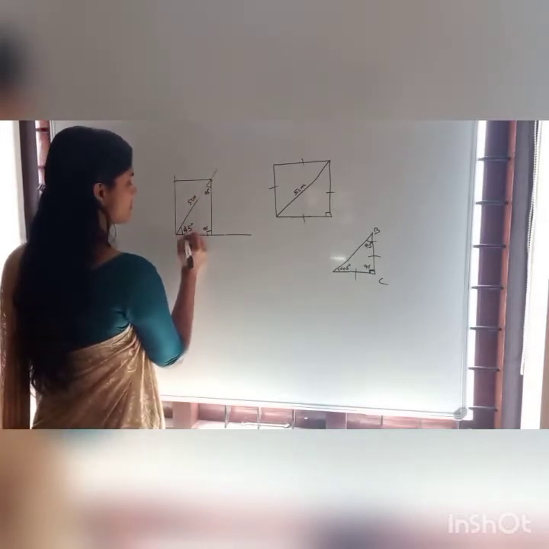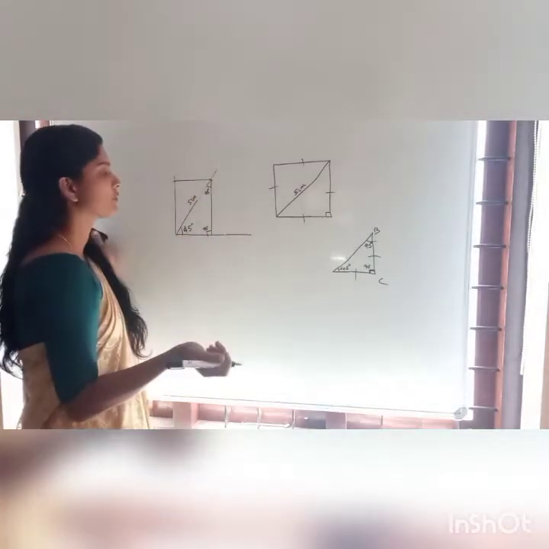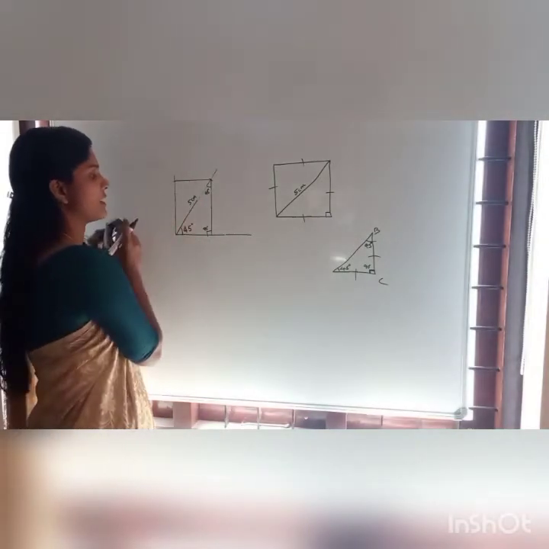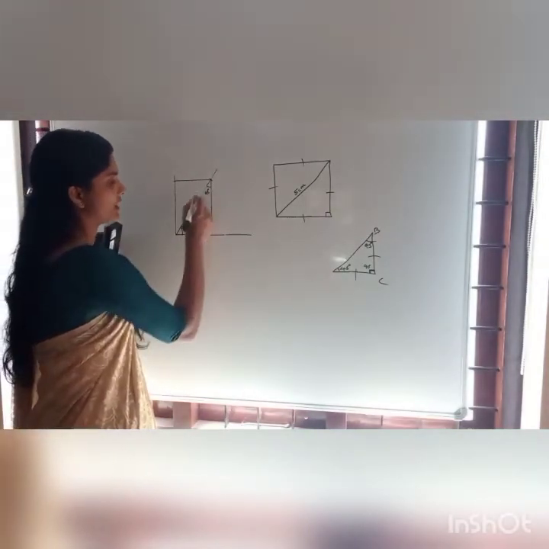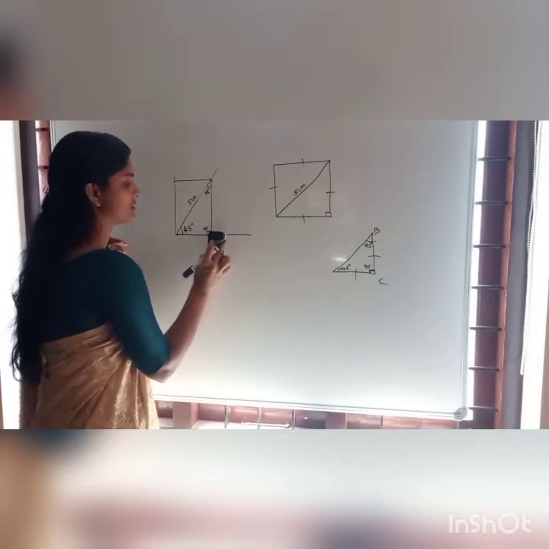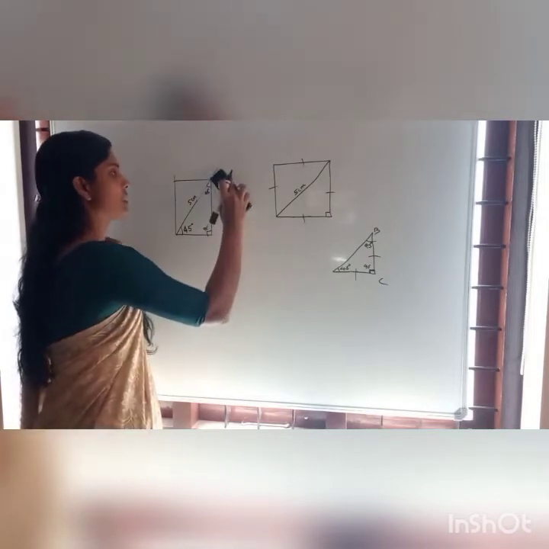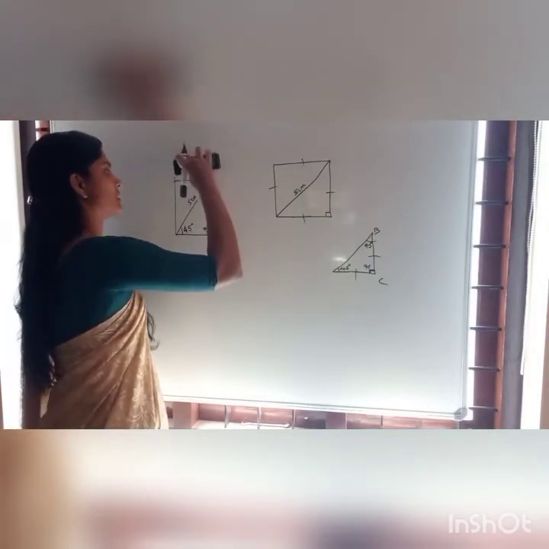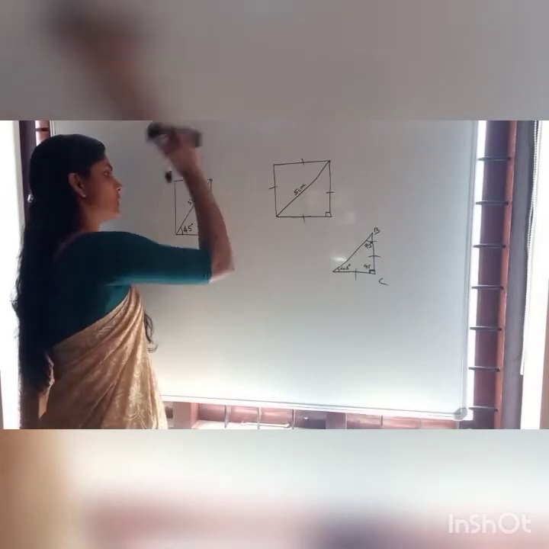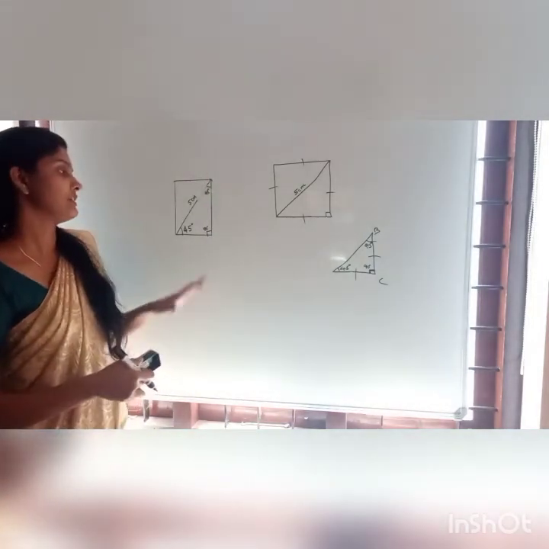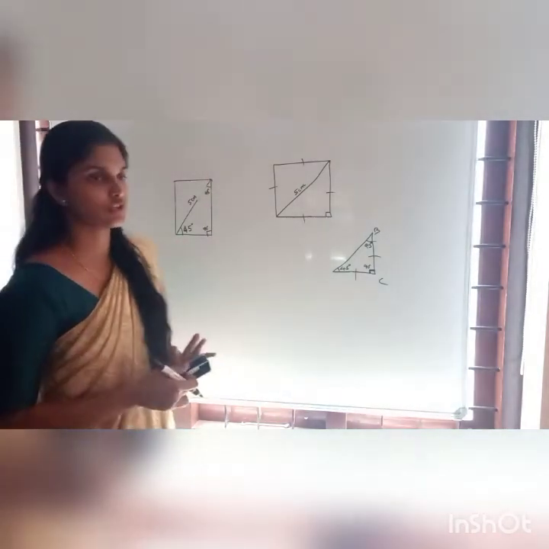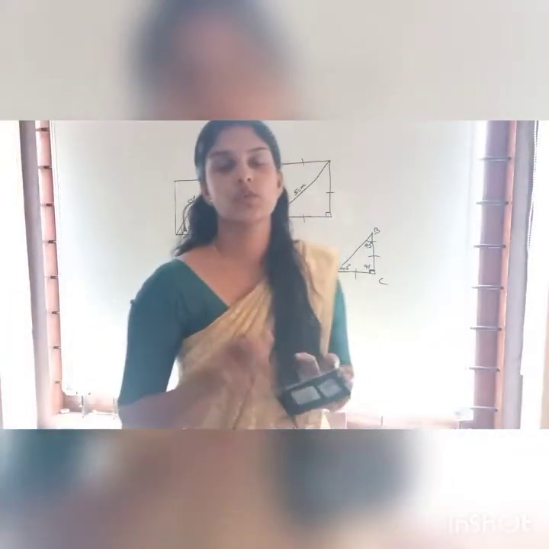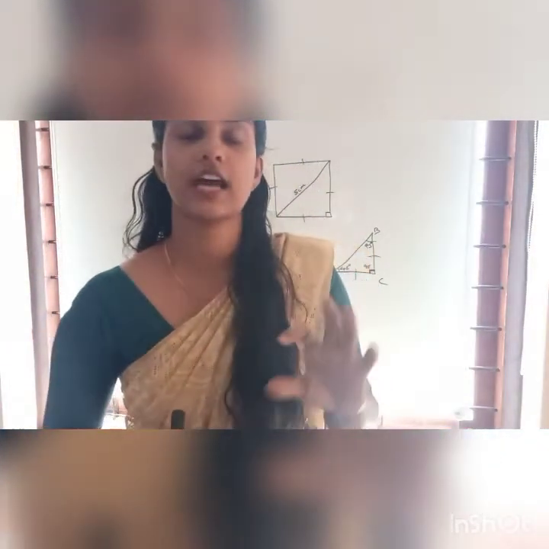Okay, now we have a square of diagonal 5 centimeter. Now erase off all the other extra lines or extensions, and this is how we can draw a square of diagonal measuring 5 centimeter. Okay.